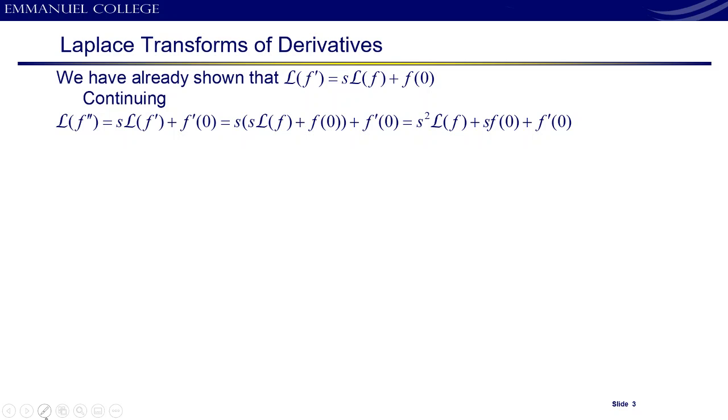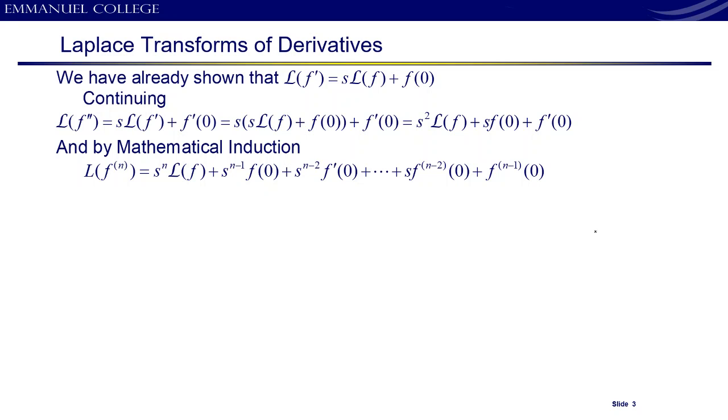It's almost like it recursively defines itself, because here's s squared times the Laplace transform of f, s f of 0, f prime of 0. And if you use mathematical induction, you could prove that the Laplace transform of the nth derivative is this sum: s to the n, so however many derivatives you take, times the Laplace transform of the original function, plus, you get the idea.